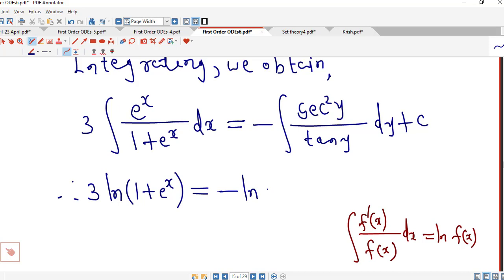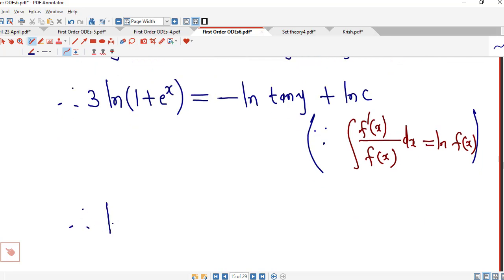minus logarithm of tan y plus, we are having logarithm in each term, so we can set arbitrary constant as log c, and we are using this formula.